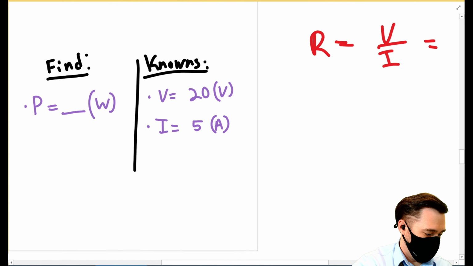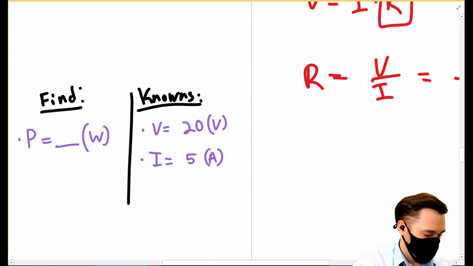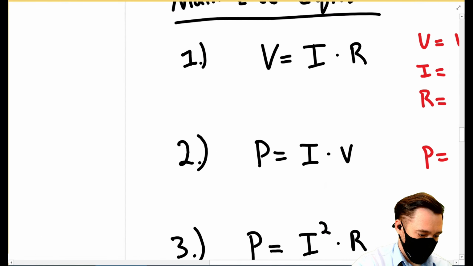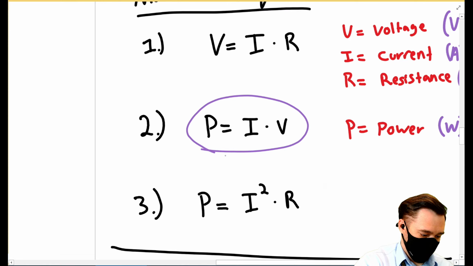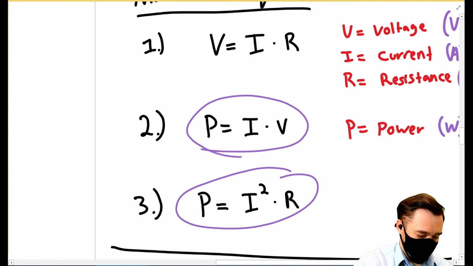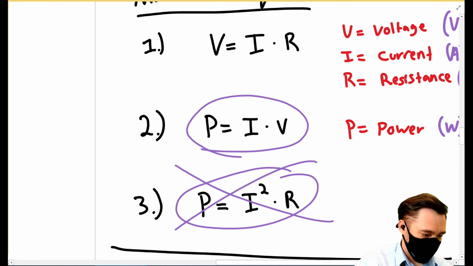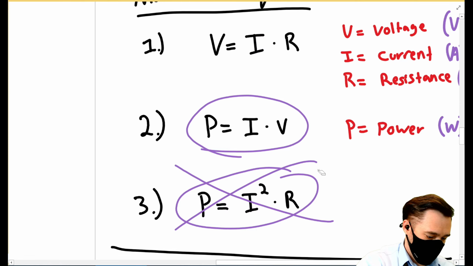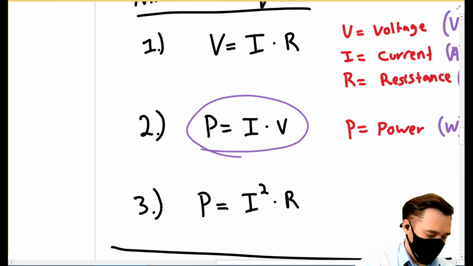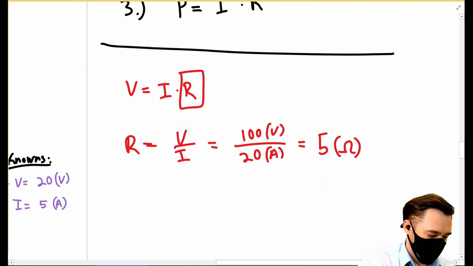All right, so I have voltage and current. Let's go back up to our equations. So voltage and current. I don't know resistance, so I can't use this one. And I don't know resistance here, so I can't use that one. So I'm going to have to use the P is equal to IV.